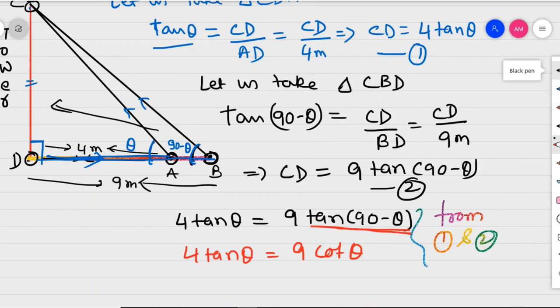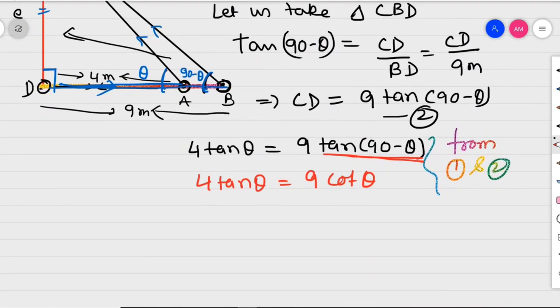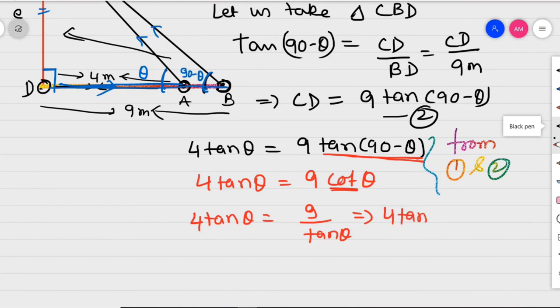Now let us try to simplify this one. How will you simplify? See, 4 tan theta will be equal to 9 by tan theta, isn't it? It will become 9 by tan theta because cot theta means 1 by tan theta. So this will give you 4 tan square theta is equal to 9.